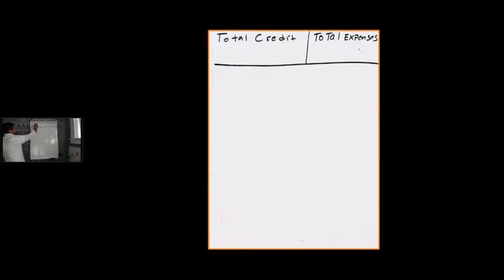Total credit, who knows? There's not a set amount of credit. The IRS doesn't say, hey, we're going to give you 500, 200, or 800. No, the IRS doesn't say that. There's no total credit, no set amount. Total expenses, this is different than the American Opportunity Credit.